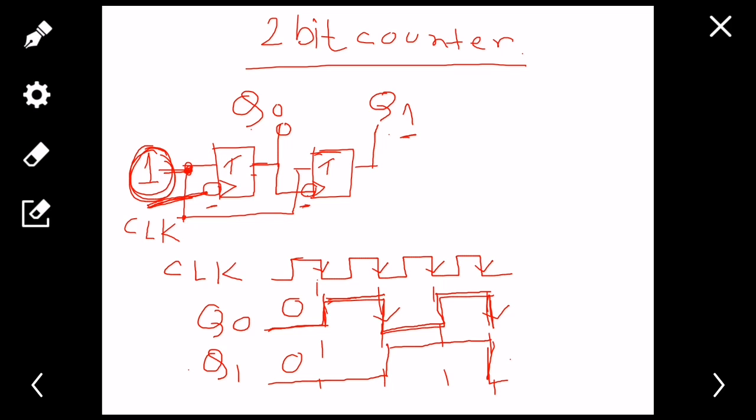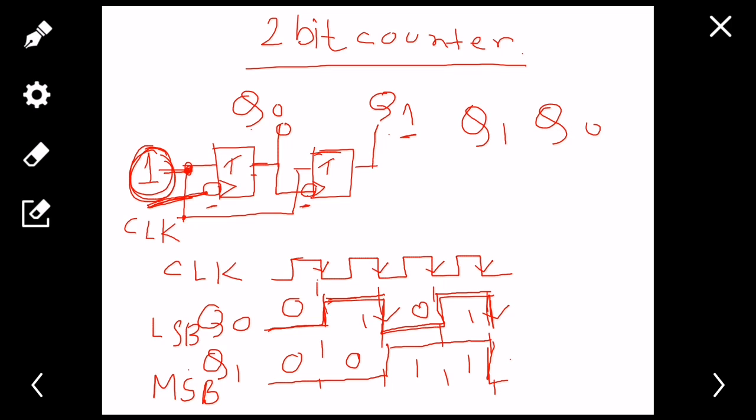So if I now write the values, it is 0, it is 1, it is 1, it is 1, it is 0, and it's 1. Now I'm taking q1 as my MSB, and definitely q0 as my LSB, you can easily understand.